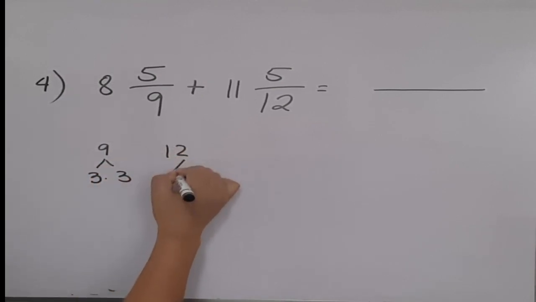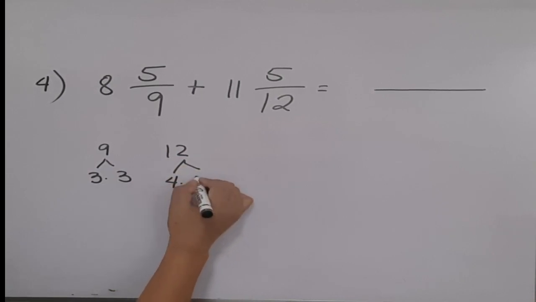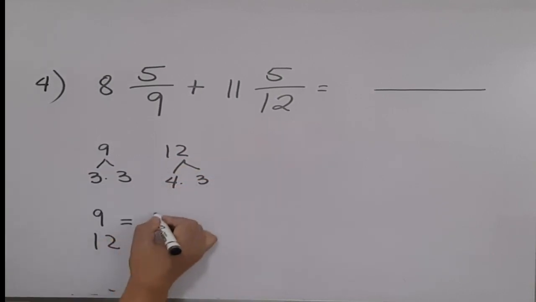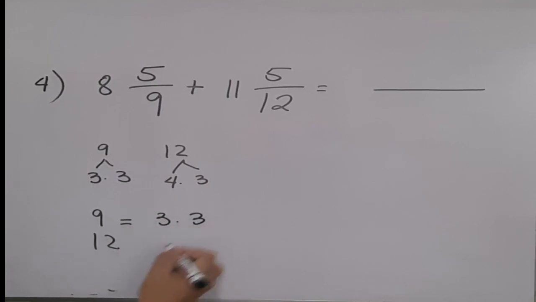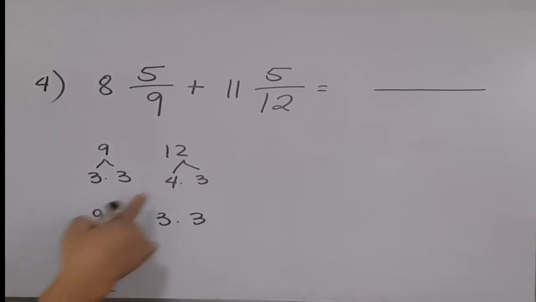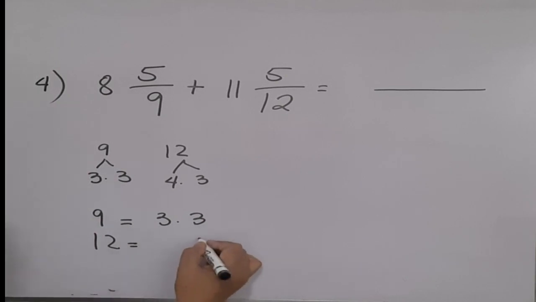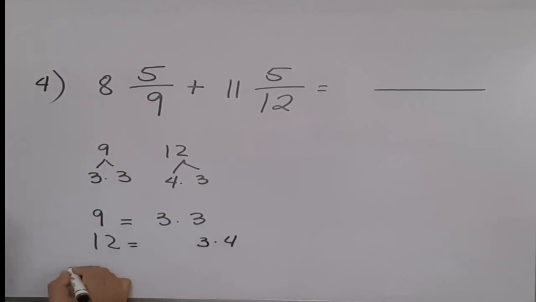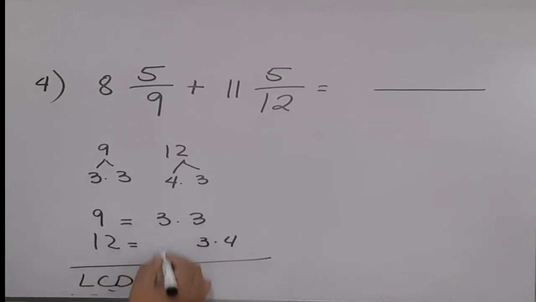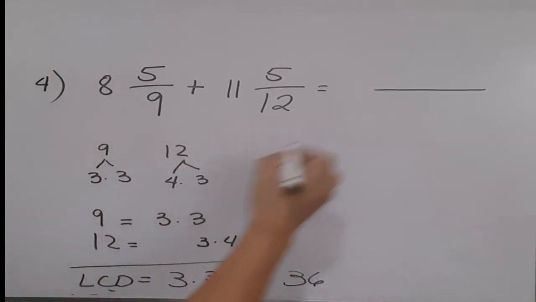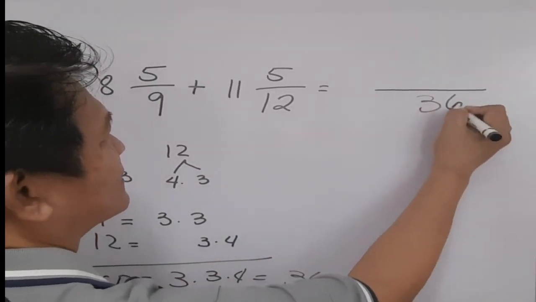At ang 12 ay 4 times 3 or 3 times 4. Therefore, ang LCD ng 9 and 12 is, ibaba natin yan. Ibaba natin ang pareho. 3 times 3 times 4. So, LCD, 36. Okay? So, LCD of 9 and 12 is 36.